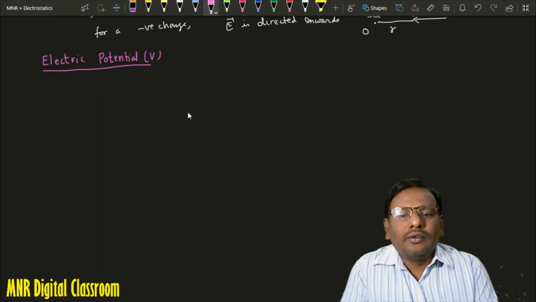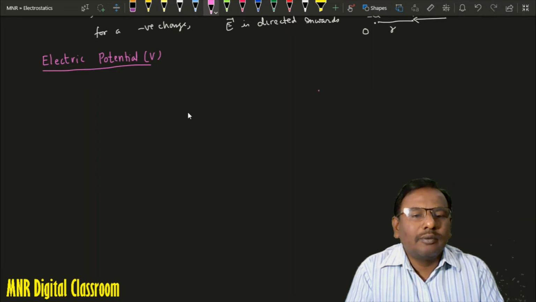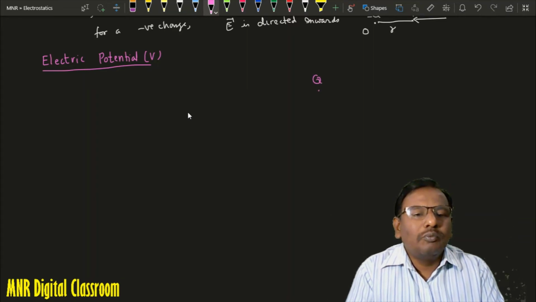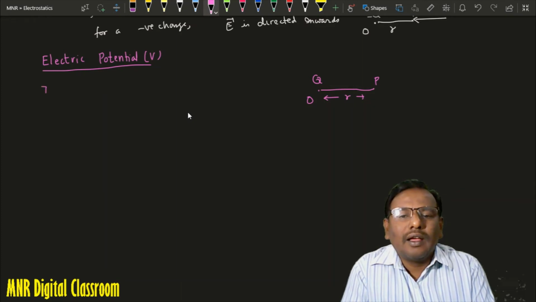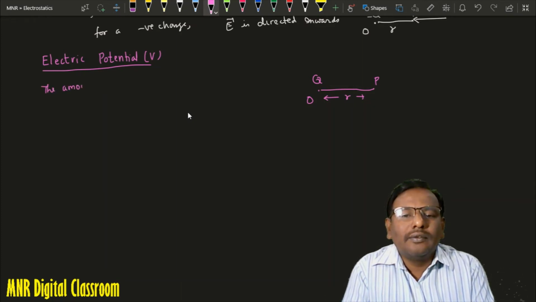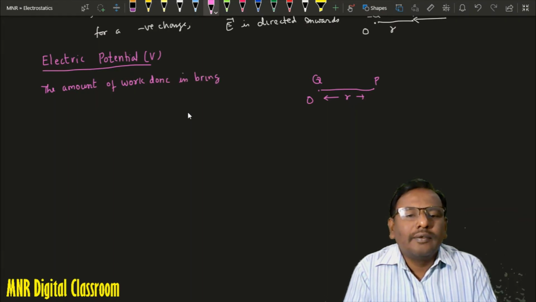So, the electric potential at any point due to a given charge: suppose I take a charge Q placed at O, the electric potential at any point P due to this charge is defined as the amount of work done in bringing a test charge.